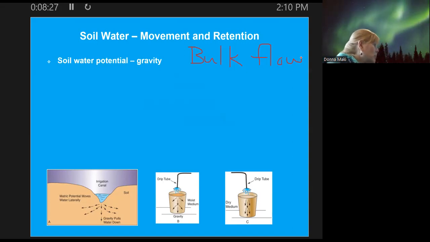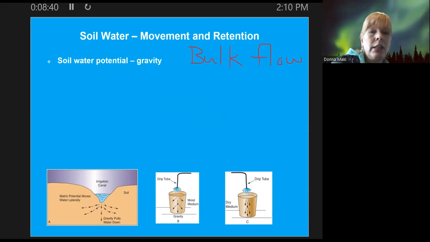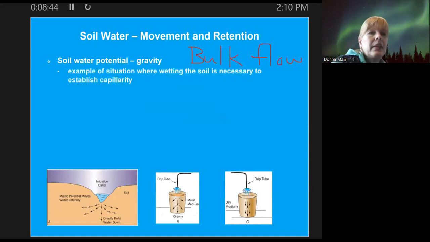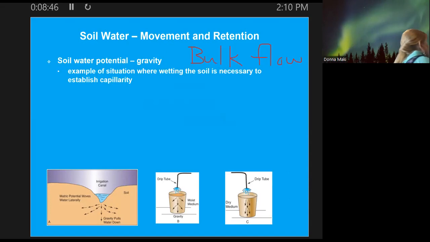Gravity certainly plays a role in this. You have gravity pulling down on the water through the soil, but then the matrix potential allows water to move more laterally, which is good. You want your irrigation to spread out. You want that water to spread out. And you need to have soil wet enough for lateral movement to occur.